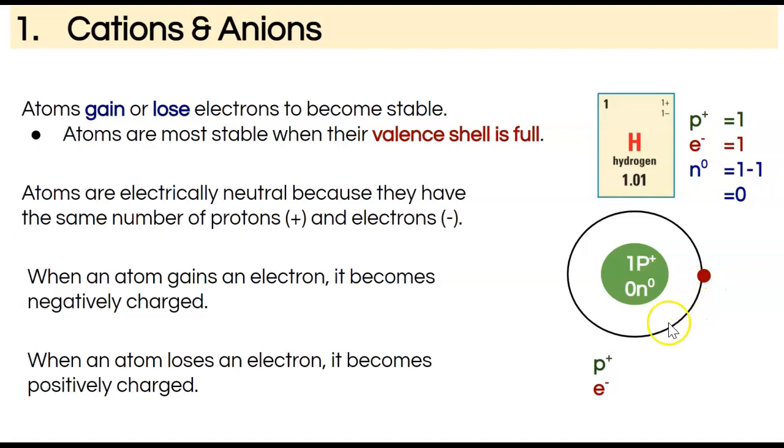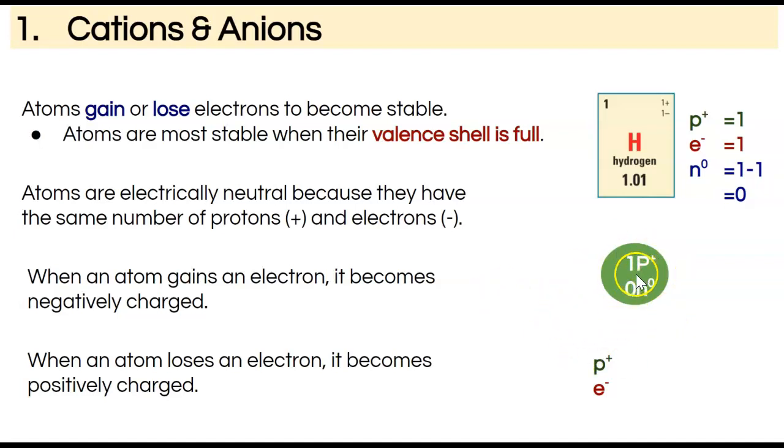Now when an atom loses electrons, it becomes positively charged, right? So remember how we added an electron to hydrogen to make sure its outer shell was full? Well, we could just as soon take away that electron, and then it would have no shells and thus gain stability by losing its 1 electron. Okay, and so when it does that, let's do the math here. That electron's gone. What do I have left?